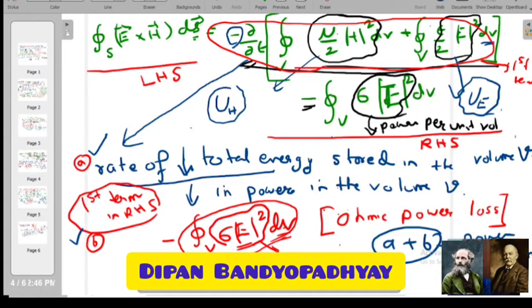That is why it is decreasing. So in order to maintain the law of conservation of energy, this power loss should be due to energy leaving the volume. Simply, the left hand side of the equation should represent the power coming out of the volume, the net outward power coming out from the volume.